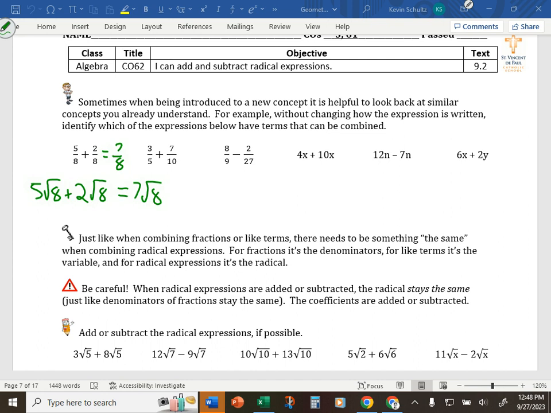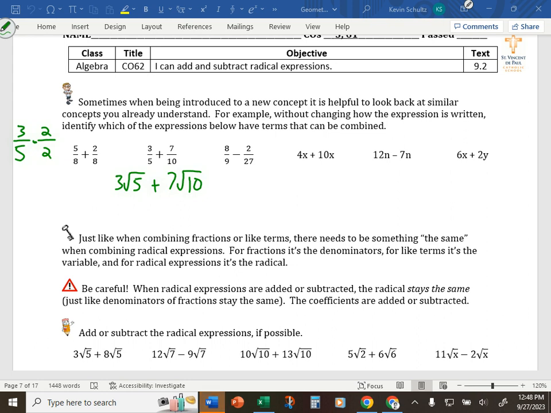However, it's not quite the same process as a fraction. In order to make roots the same, like if we had 3√5 plus 7√10, I could not multiply this by 2 to get a √10. The reason I can't do that is because when I multiply 3/5 by 2/2, what am I really multiplying by? 1.